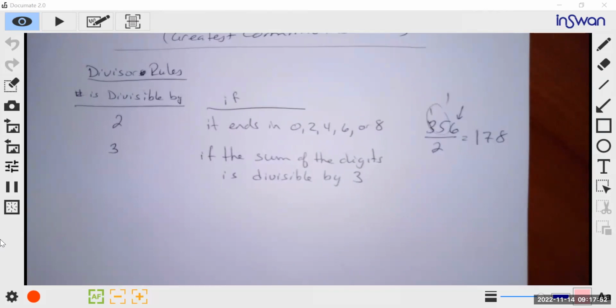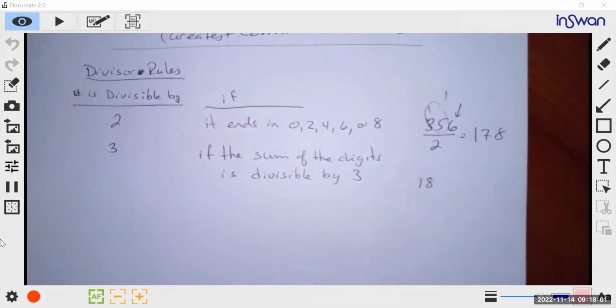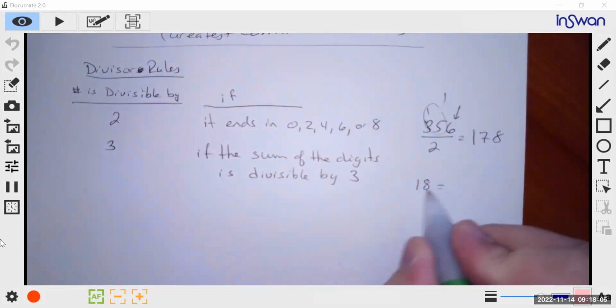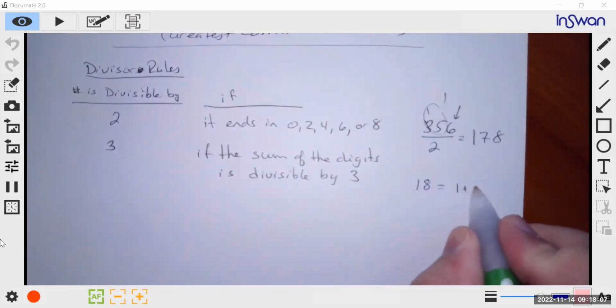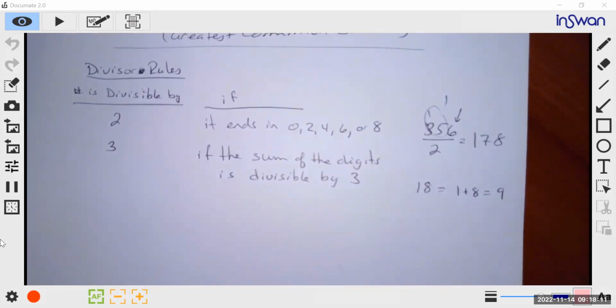What does that mean? If the sum of the digits is divisible by 3, is 18 divisible by 3? Well, let's see. If we take the digits, 1 plus 8, that equals 9. Is 9 divisible by 3? Yeah, that means 18 is divisible by 3.